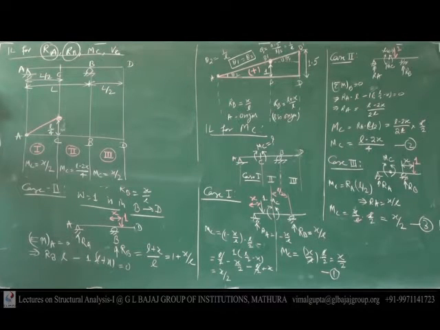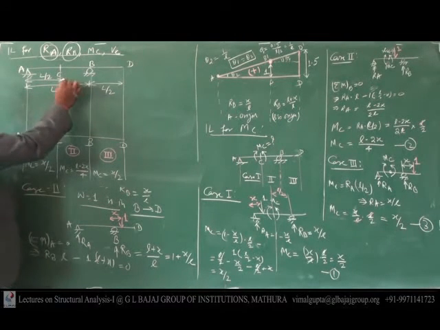Now for segment CB, which means case 2. At point C, the value of X is 0. Put 0 here. What will you get? L by 4, the same point. Clear? At point B, what is the value of X?